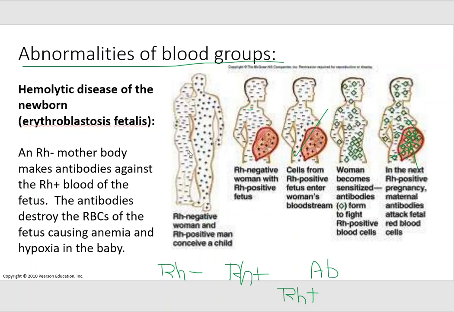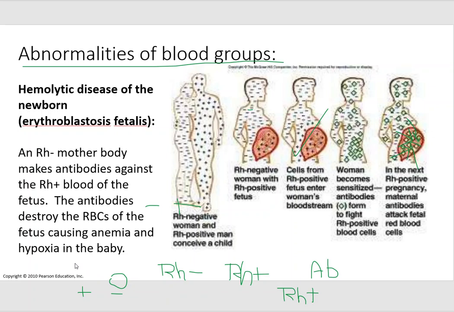So in order for this to happen, mom has to be negative and dad positive. What if it's the other way around? What if mom is positive and dad is negative? Mom can't make antibodies against her own blood. She's not going to make anti-Rh antibodies. If the baby is Rh negative, then there's nothing there.